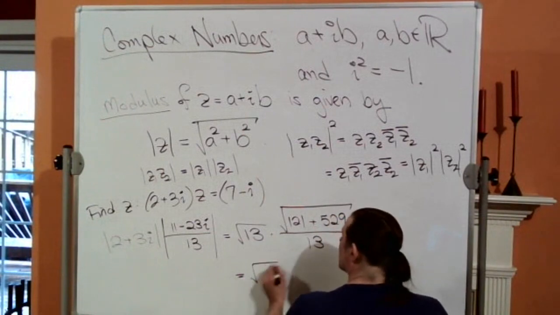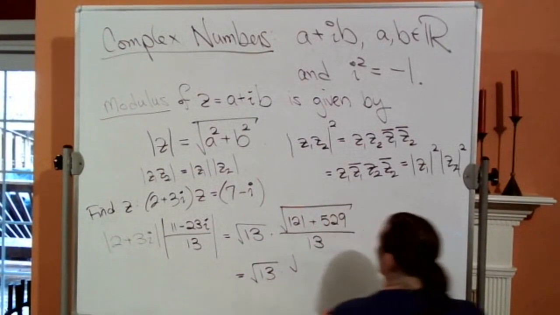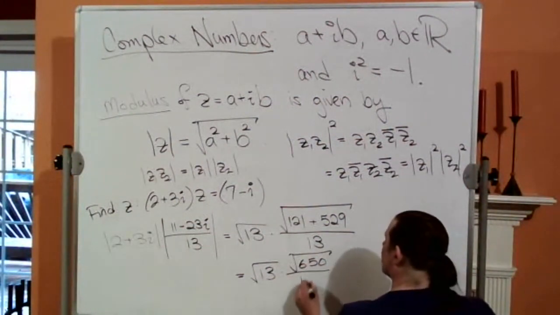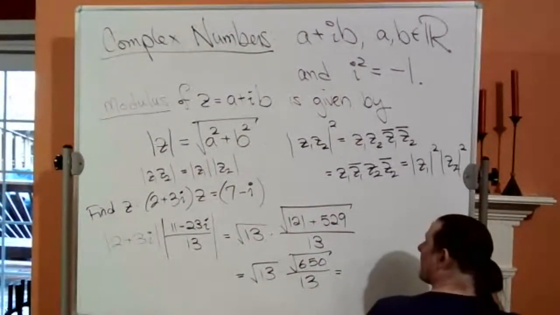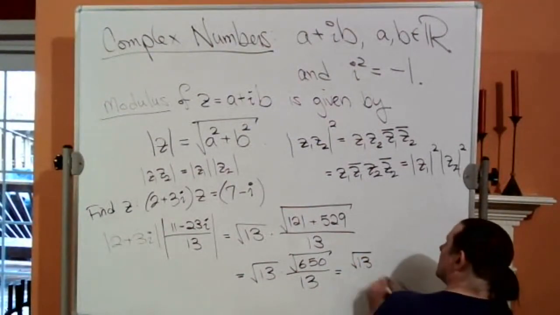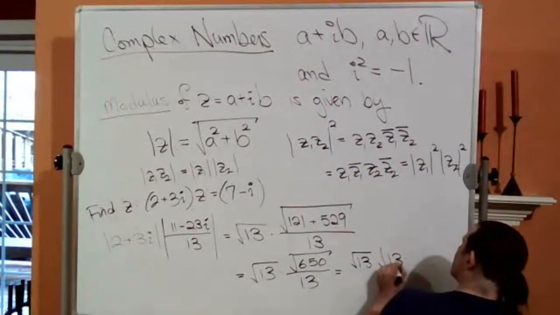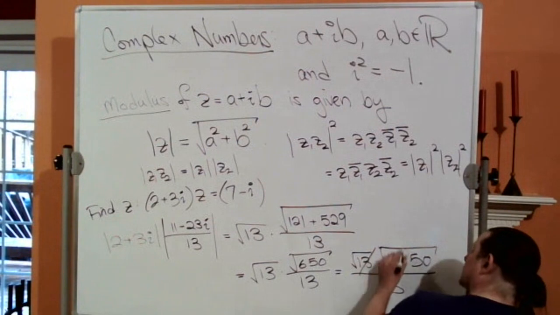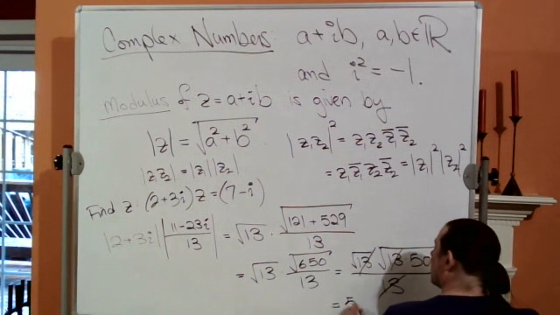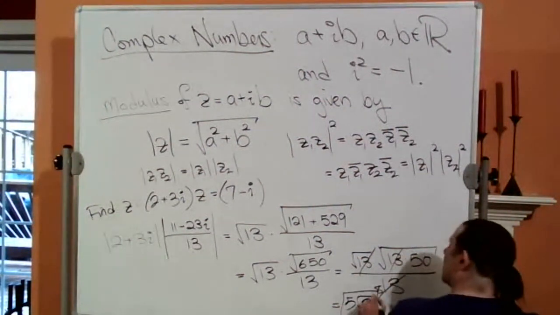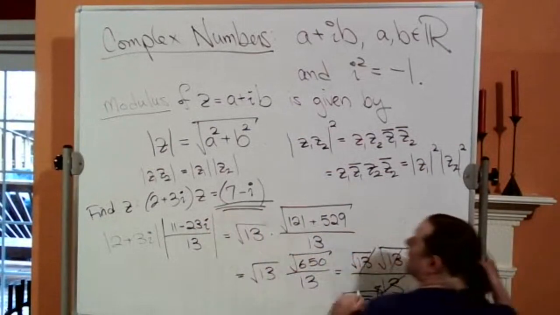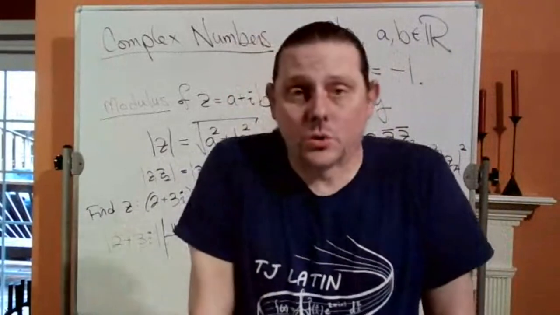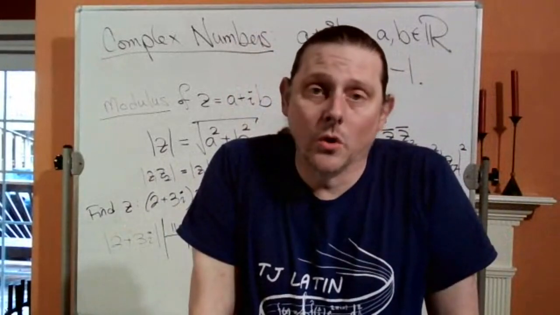So that's going to be the square root of 13 times the square root of 650 divided by 13. But that's the square root of 13 times the square root of 13 times 50, all divided by 13, cancel, cancel, cancel, which is 5 times the square root of 2, exactly as it needed to be, because the modulus of 7 minus i is the square root of 50, 5 times the square root of 2.